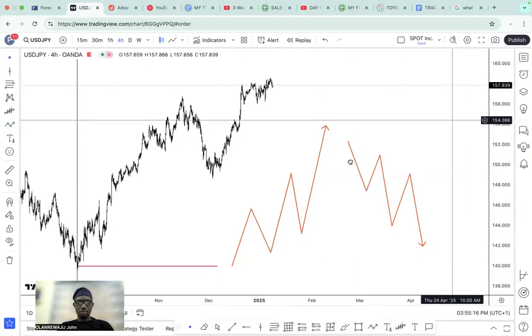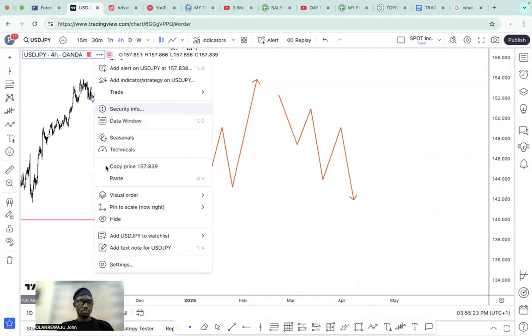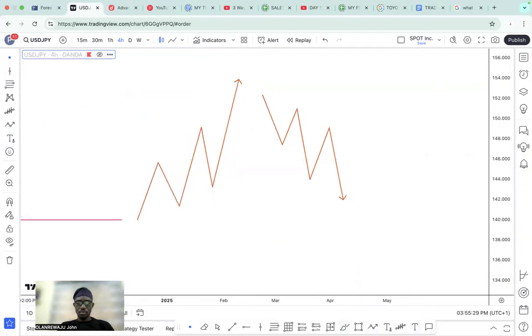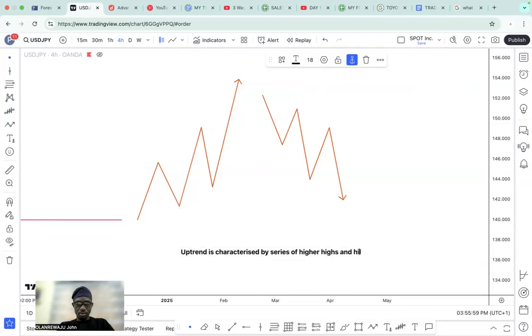Let me write that down for us. Just for the sake of writing, every uptrend is characterized by a series of higher highs and higher lows, while a downtrend is characterized by a series of lower lows and lower highs.